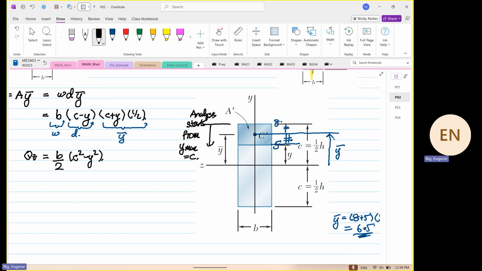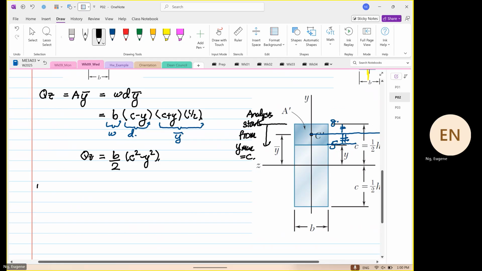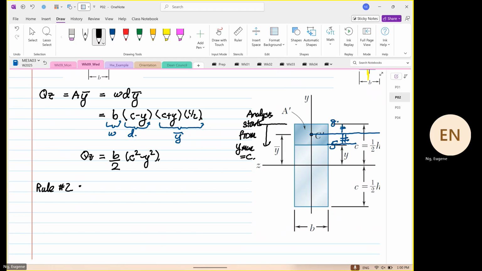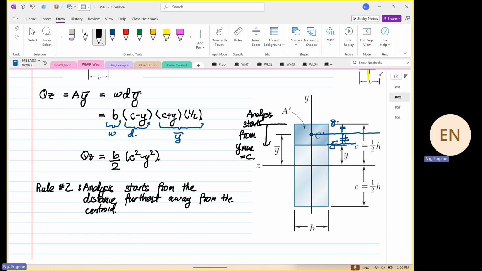Rule number 2: the analysis starts from the distance furthest away from the centroid.